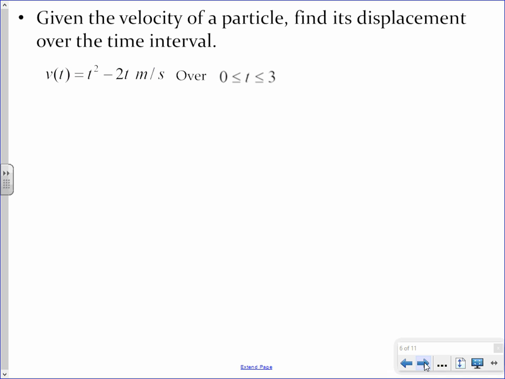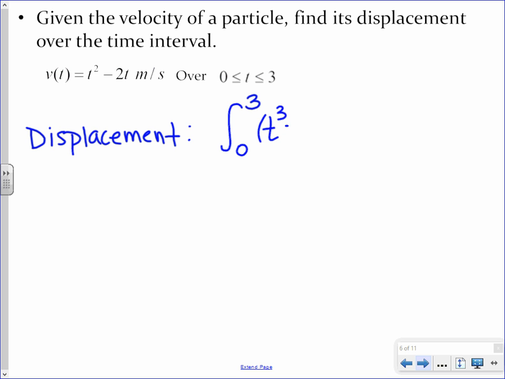So all we have to do for displacement is take the definite integral of velocity over the interval that has been given to us.